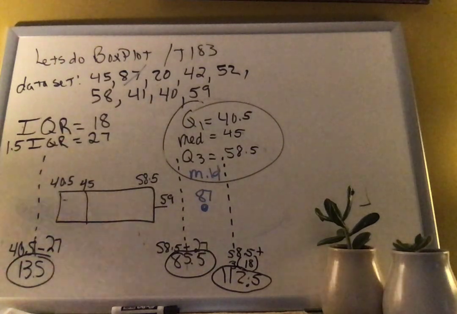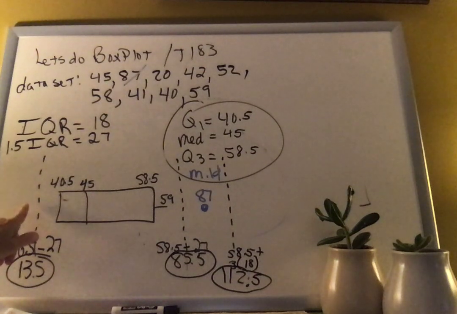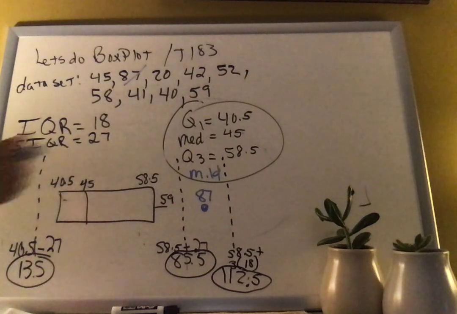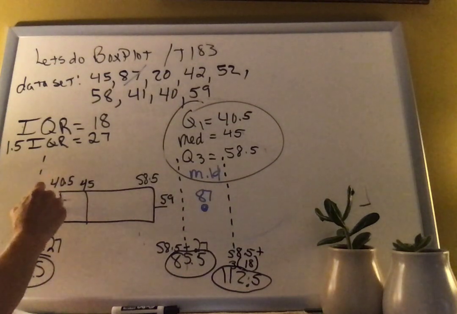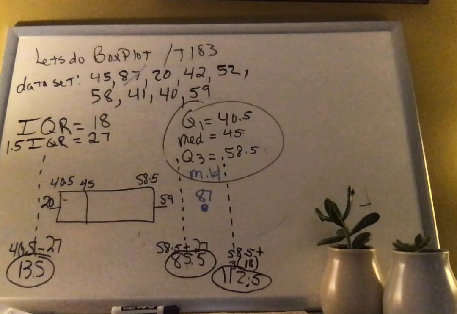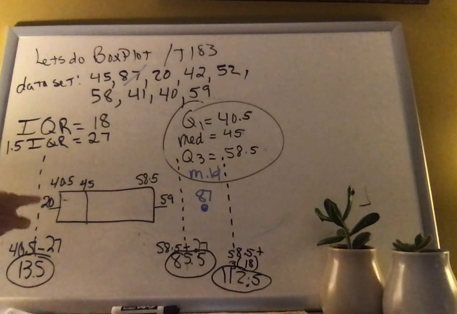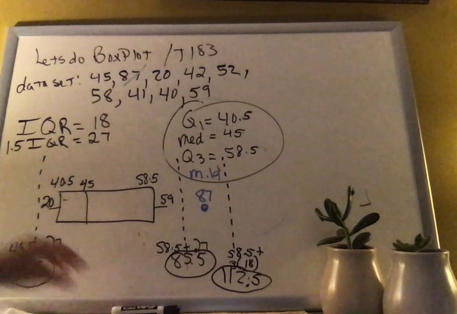So there's no reason to even check the next fence. If I don't have any data falling past this, how could I have data falling even further? I can't. So this whisker is actually coming down to the minimum, which is 20. That 20 is the label for the end of the whisker on the left. Everything is labeled.